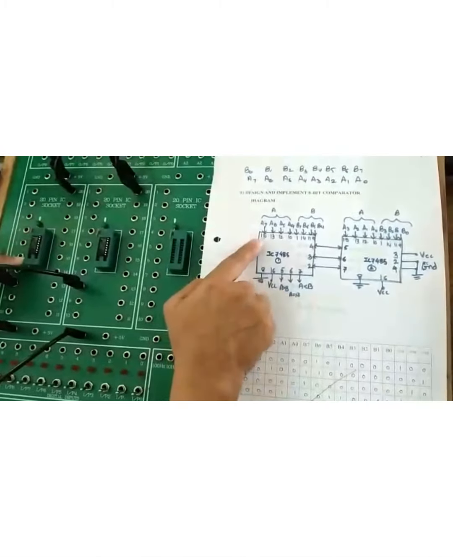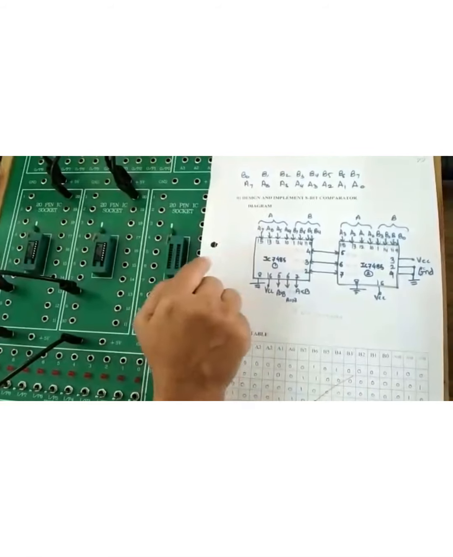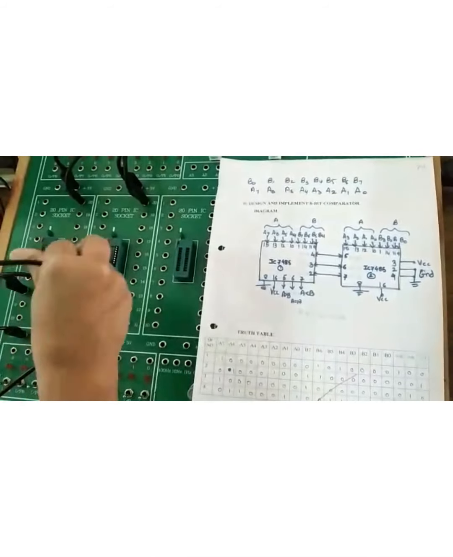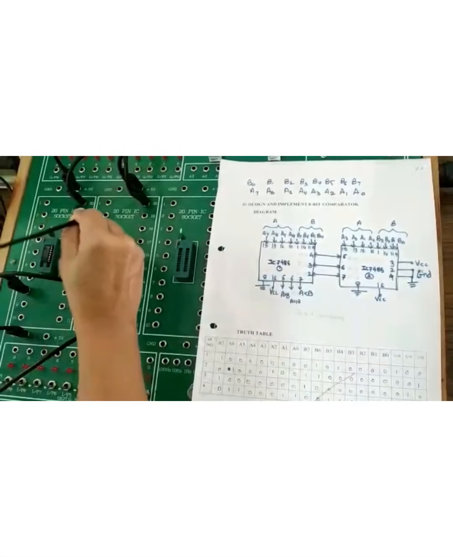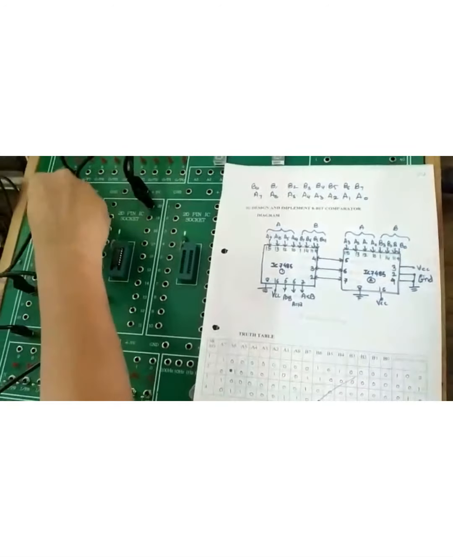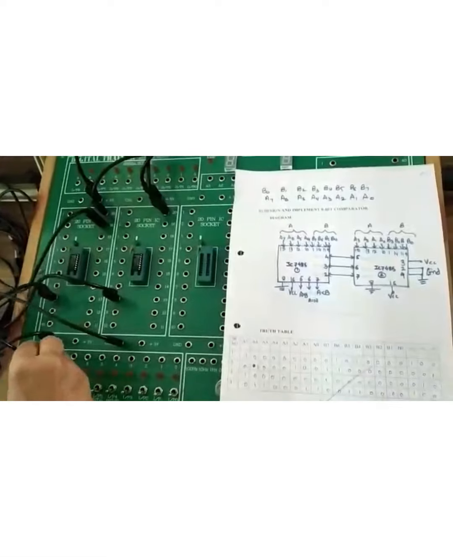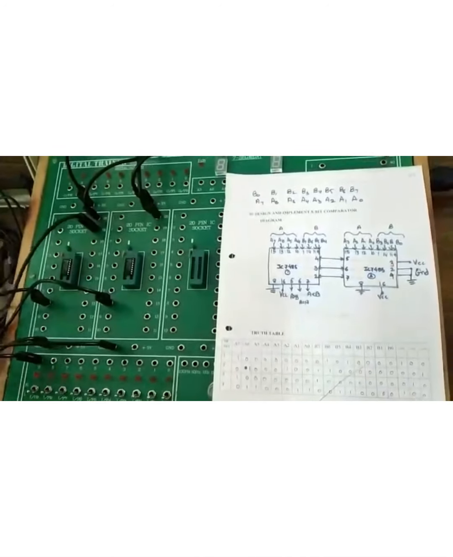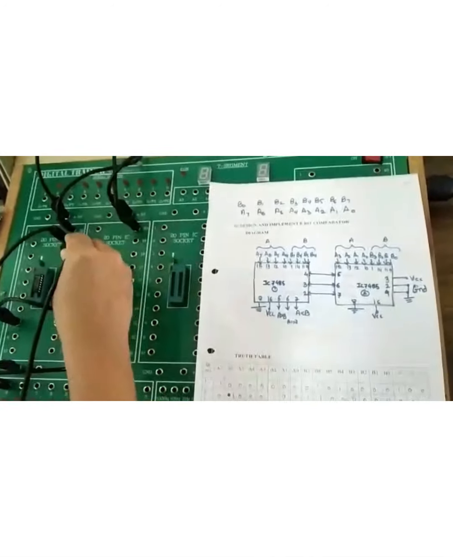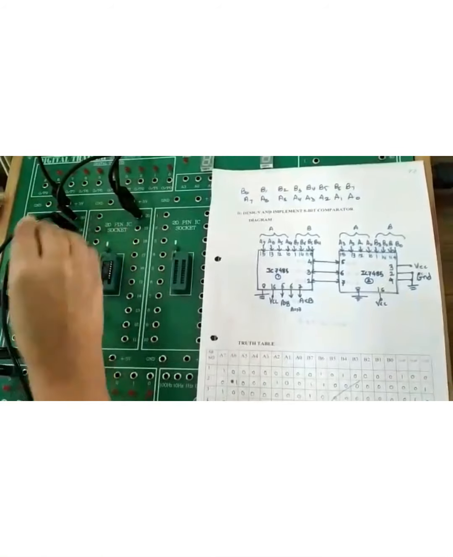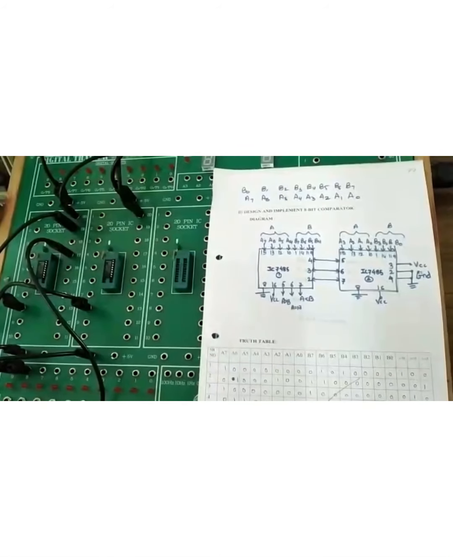Okay, so first, IC pin number 16, and this one is 15. So 15 is connected over here. Then pin number 13, this is 15, then 14, and then 13 is connected as A6.